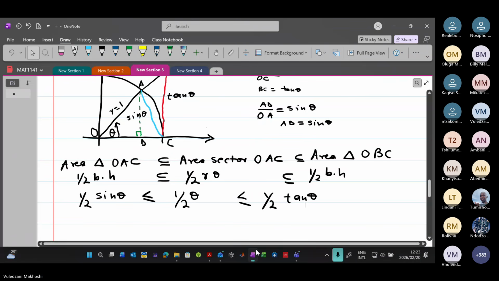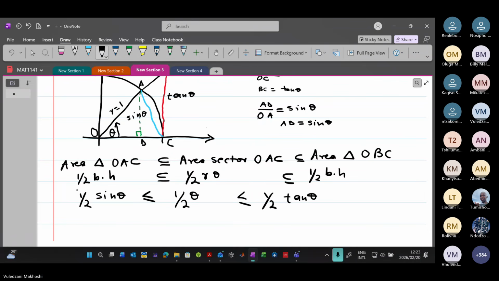From that, maybe we can rewrite this. We know that tan theta is sine theta over cos theta.